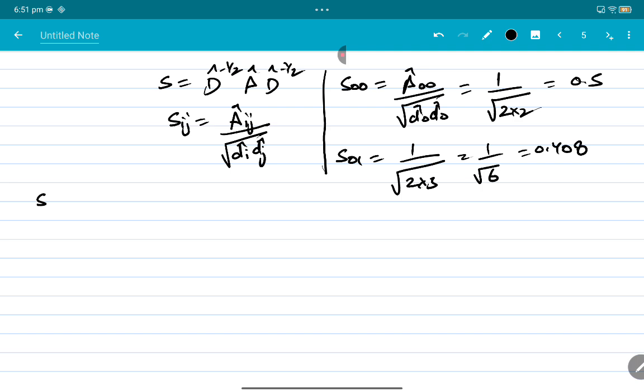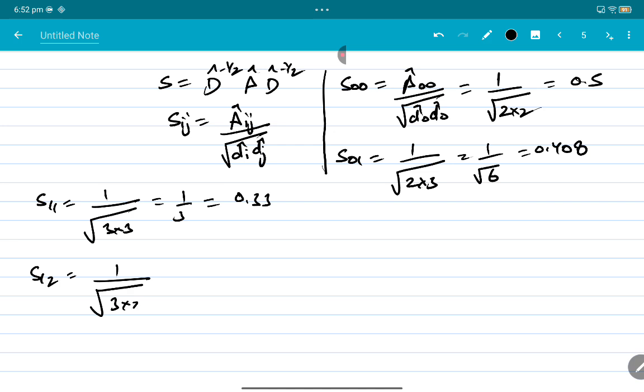Now for S11, we have 1 divided by 3 multiplied by 3, which is 1 by 3 or 0.33. Similarly for S12, we have 1 divided by root of 3 multiplied by 2, which is 1 by root 6, so it is also 0.408. And lastly we have S22, which is 1 by 2, or 0.5.